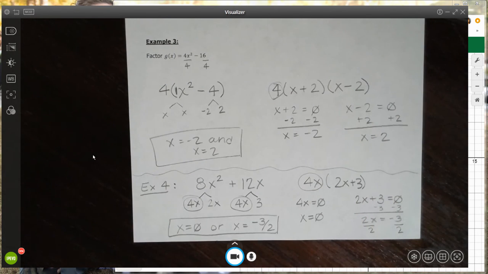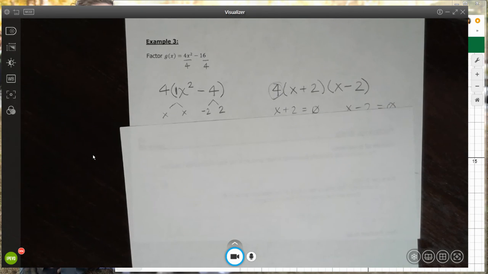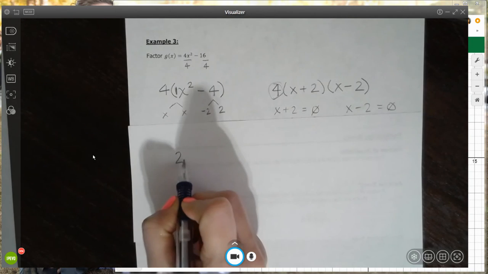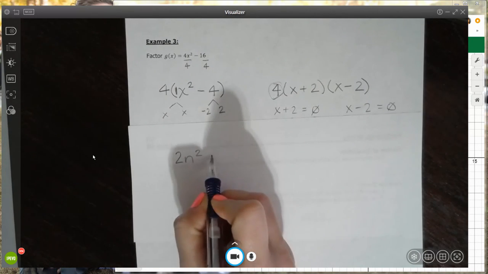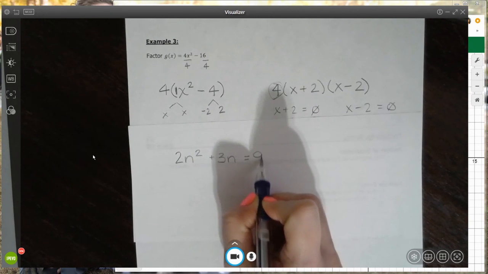One thing I will tell you, as you're looking at the practice questions, it is possible that you could see something like 2n squared plus 3n equals 9.